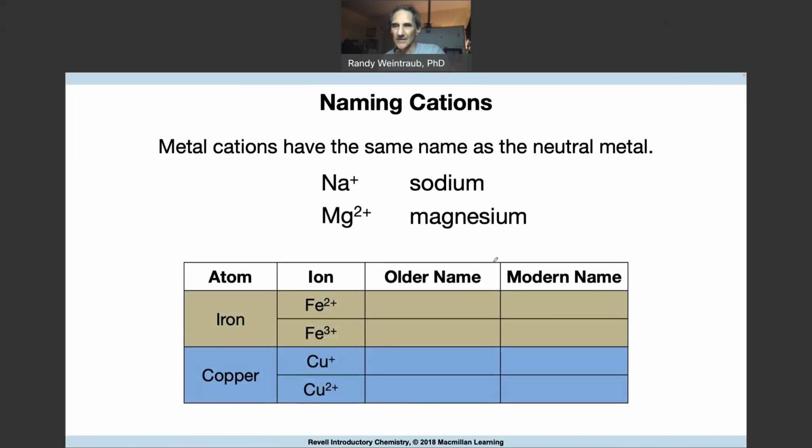Historically, iron 2+ was called ferrous ion, and 3+ was called ferric ion, and sometimes referred to in this manner. Similarly, copper 1+ is cuprous, and 2+ cupric ions, although you'll encounter these names only occasionally. The more modern way of designating these is with Roman numerals indicating their charges.